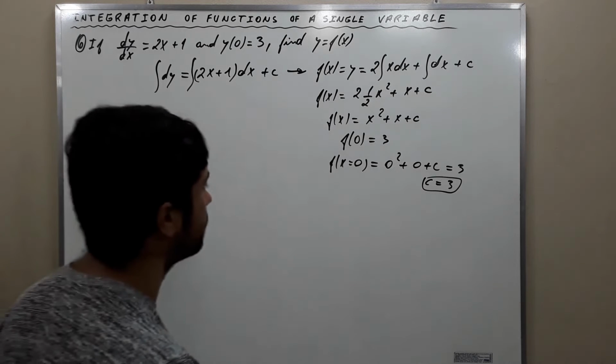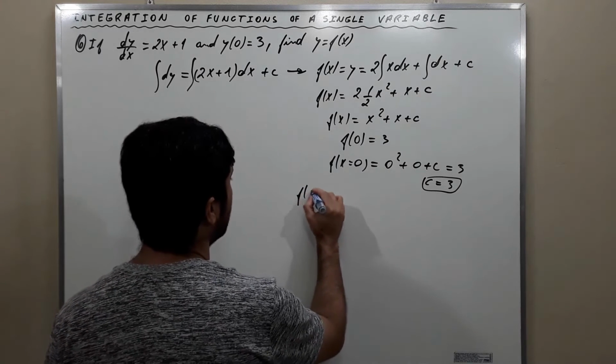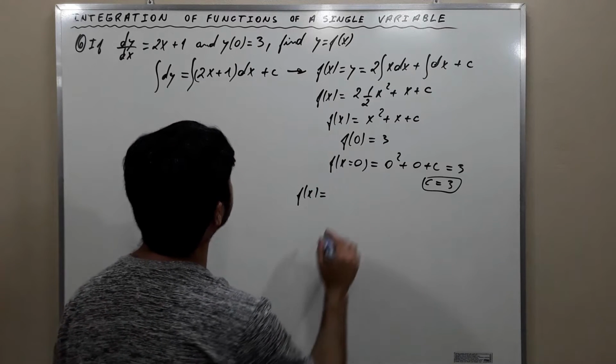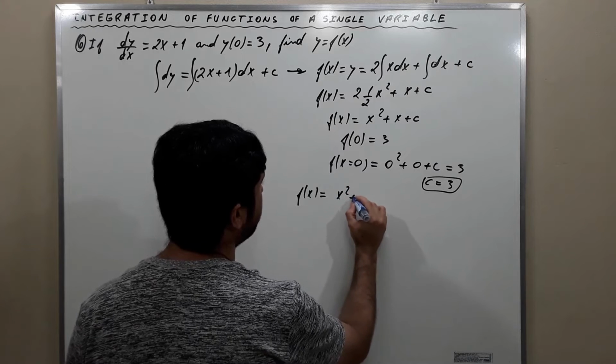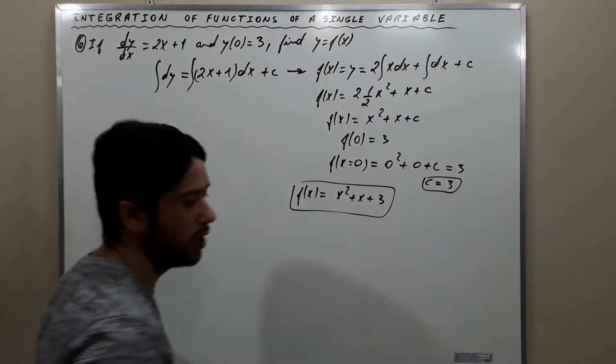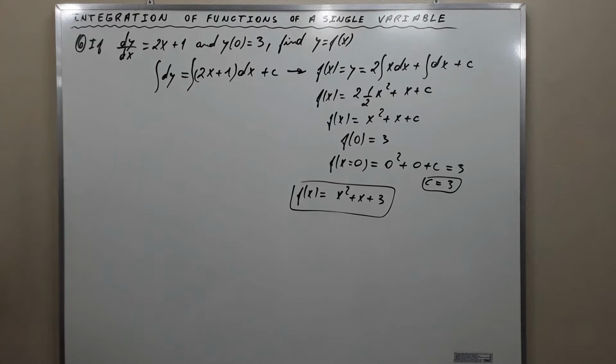And the final expression of the function f of x is equal to x squared plus x plus 3. Okay, this is the response of the exercise. Alright, this is all for exercise 6. Let's go to exercise 7.